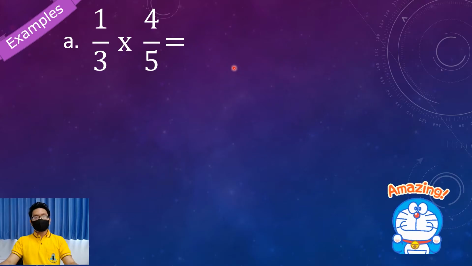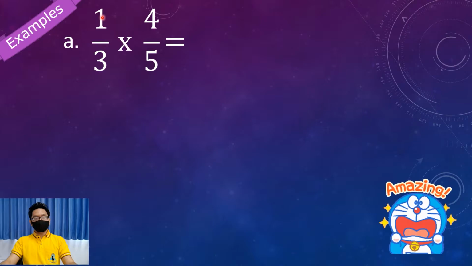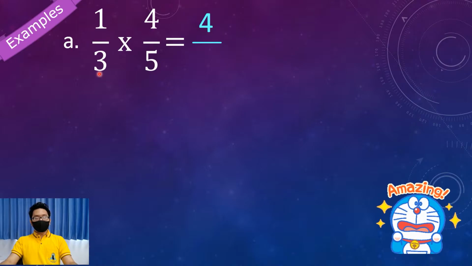Letter A, 1/3 times 4/5 equals, again, step 1, multiply the numerators. 1 times 4 equals 4. Step 2, multiply the denominators. 3 times 5 equals 15. Now our answer is 4/15.